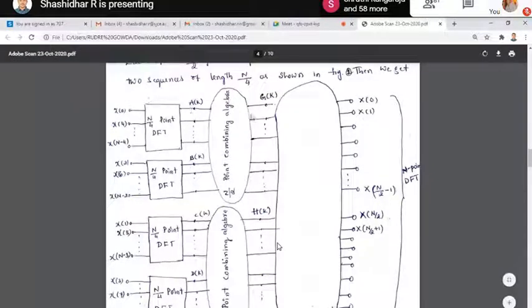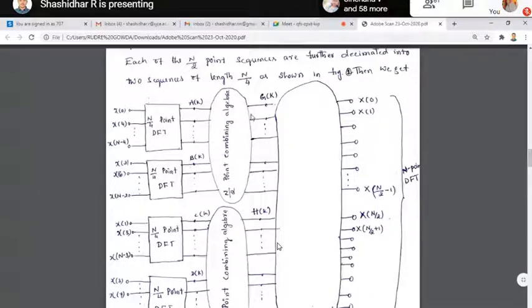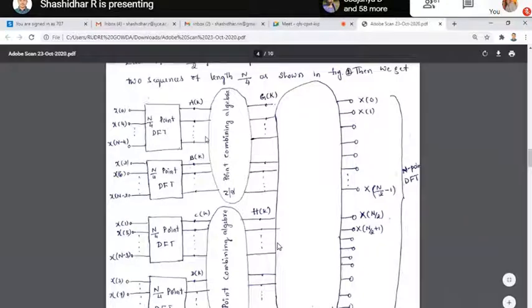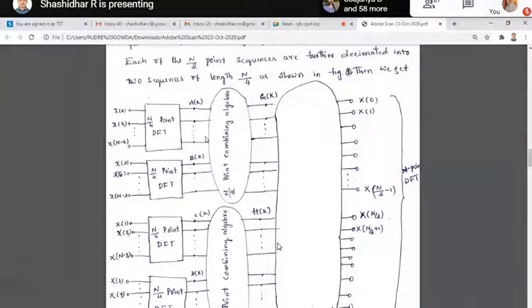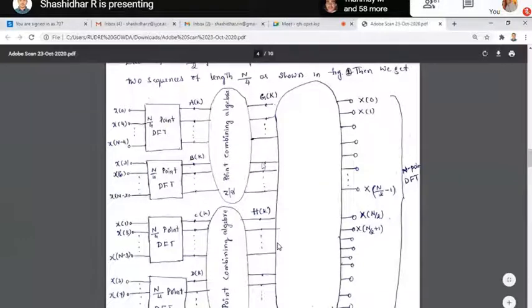The output we call G(K). G(K) is not here yet, because when we combine both N/2-point FFTs we get one value, which we call G(K). So this is the N-point combining algebra.